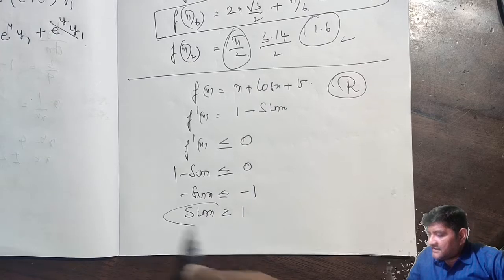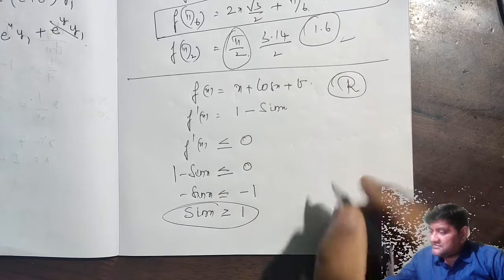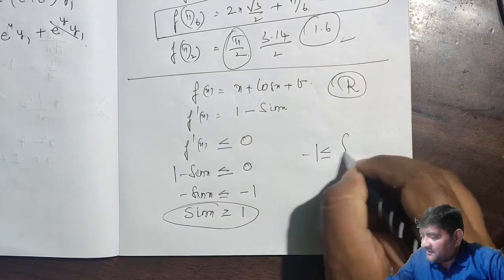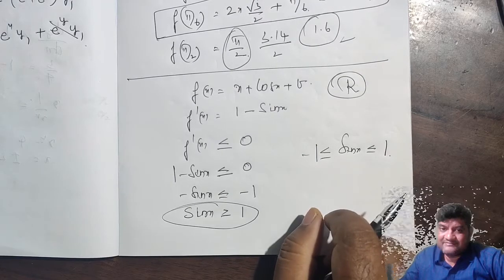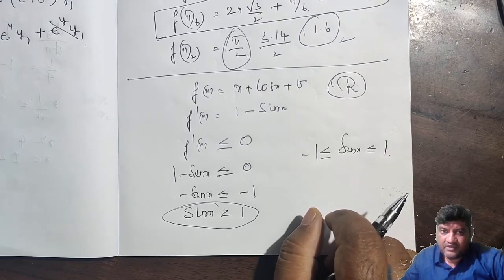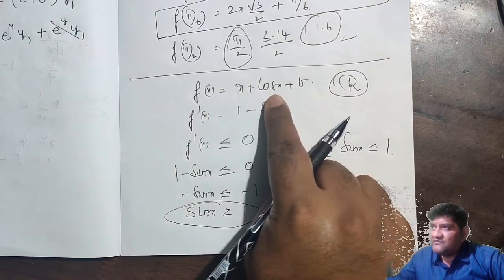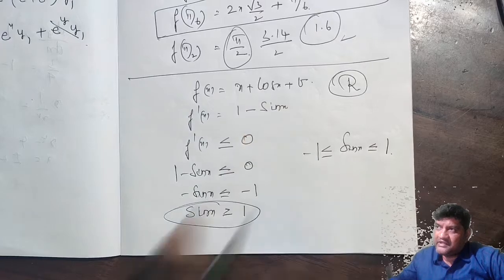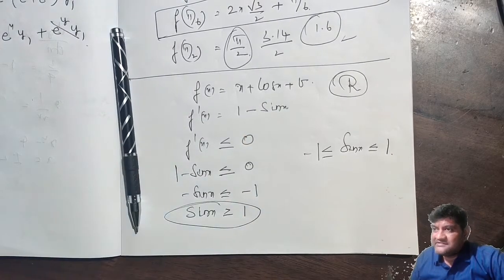When is sine greater than or equal to 1? Never. It will never be greater than 1. The sine function, you have to remember, is always between minus 1 and plus 1. It will never be outside of this boundary. And therefore there is no value for x such that the function is always going to be decreasing. It's not going to happen. Therefore there is no value for this.